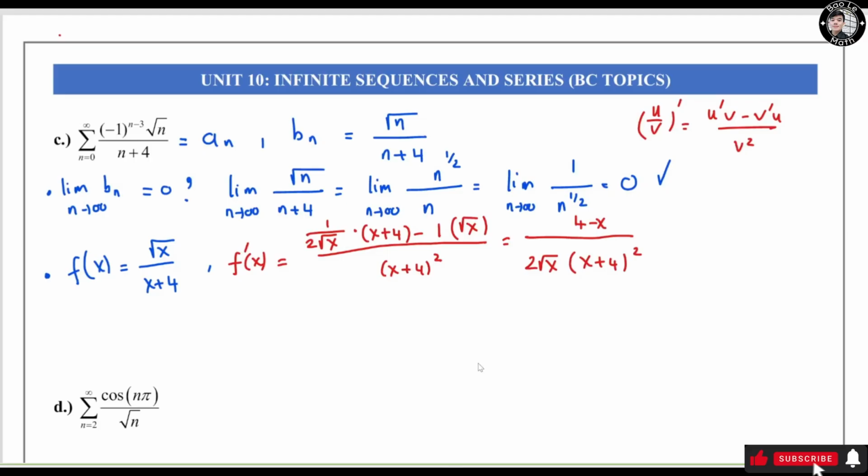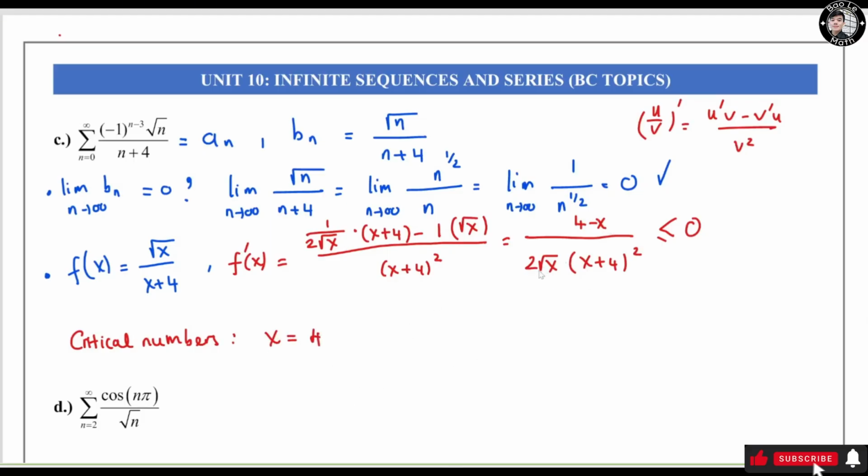So in order to use the alternating series test, I need this to be less than or equal to 0, right? Now I need to find the critical numbers. So the critical numbers are s equals 0, s equals 4, right?